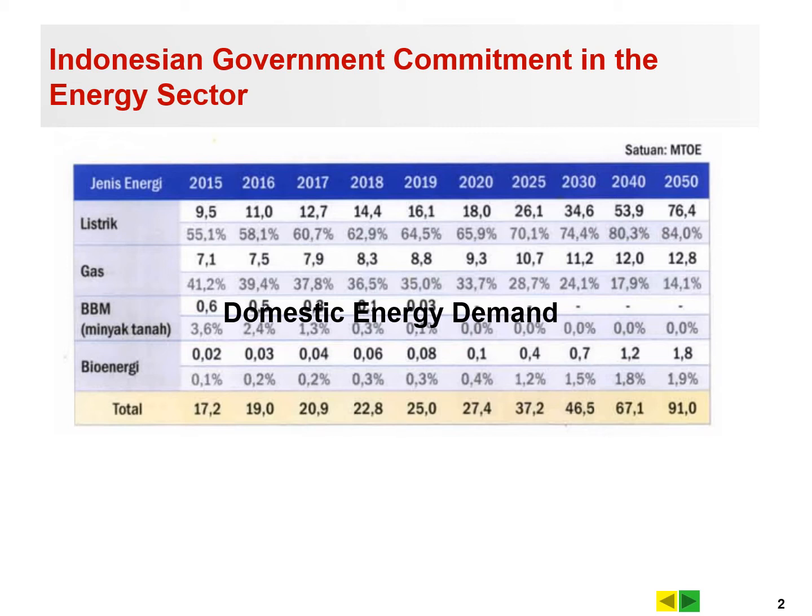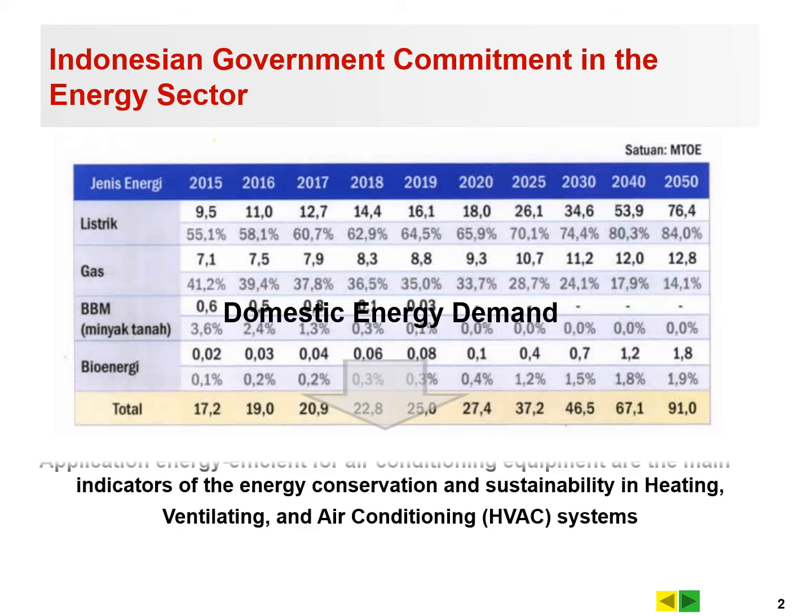In the domestic sector, the electrical energy plays an important role, especially for air conditioning, and mostly the electrical energy is consumed by the air conditioning system.